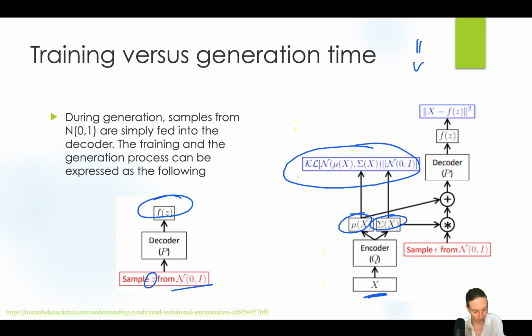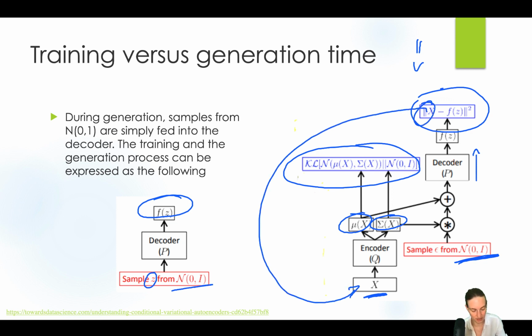Then we sample from this distribution, and it goes through the decoder to reconstruct the output, which we take the pixel-wise difference with the original image X to see if the reconstruction worked well. So both of these loss functions are minimized at the same time.